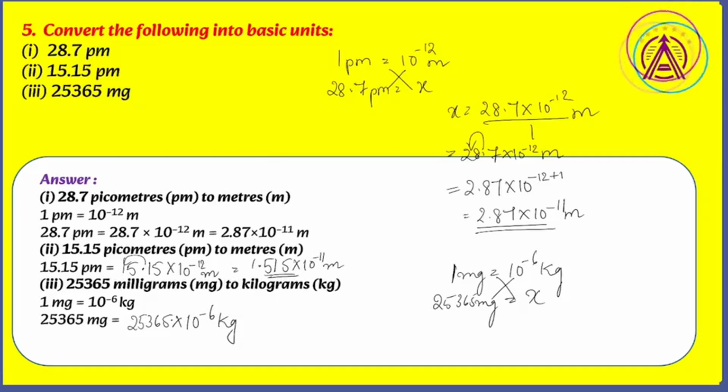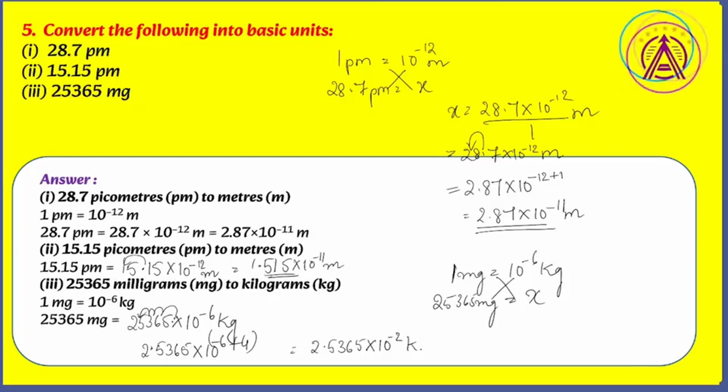So if you have to represent this in scientific notation, remember the decimal is after 5 over here, so you take it to the left. 1, 2, 3, 4. So you need to add 4 to this, which is 2.5365 into 10 to the power minus 6 plus 4, which is nothing but 2.5365 into 10 to the power minus 2 kilograms.